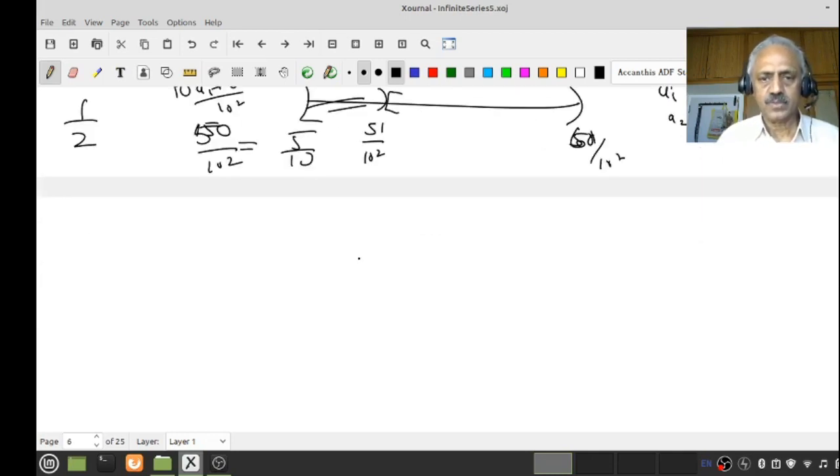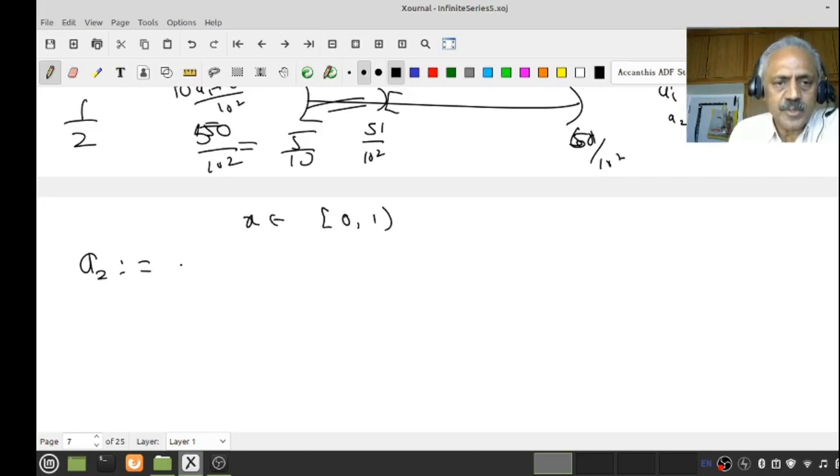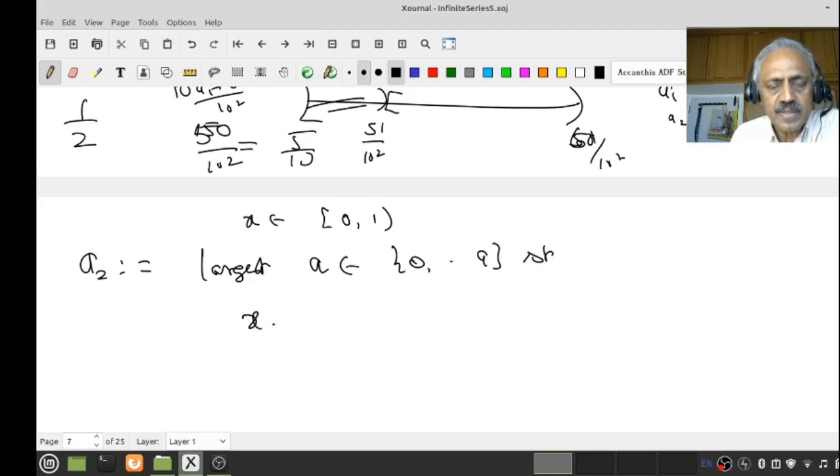So, how do you think I will define A2 analytically? Given x in the interval 0, 1, how am I going to define A2? A2 I am going to define as the largest A in 0, 1 to 9, so that what happens? I already had x and I already found out A1 by 10.